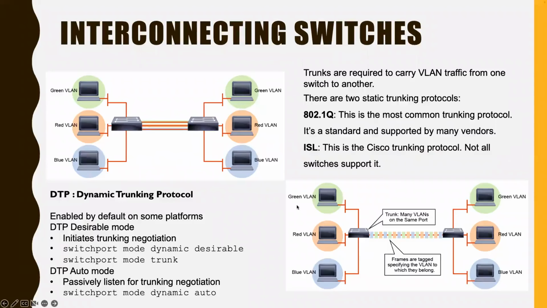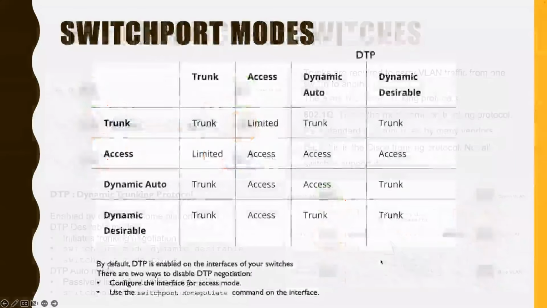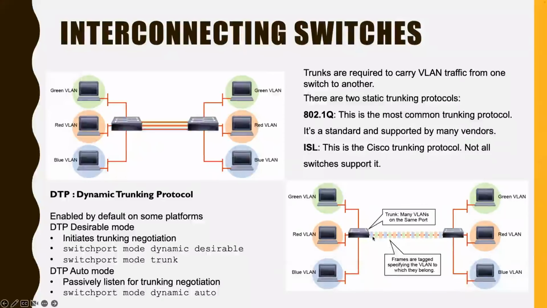Now using trunks, we can use the same link to pass the data of all the VLANs. But in order to send that data, I'll have to add some tagging or some information to the frames to let the other party know which VLAN this frame belongs to. For example, this green host is sending some data.